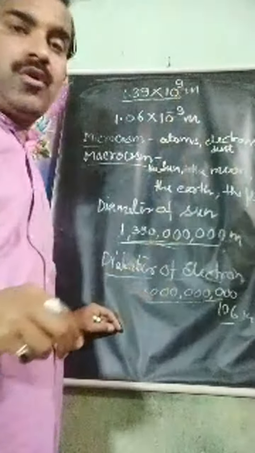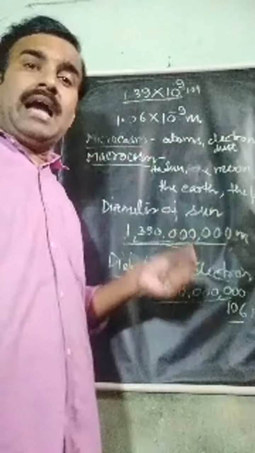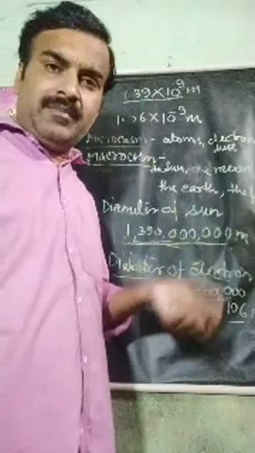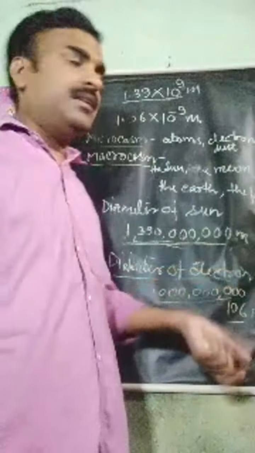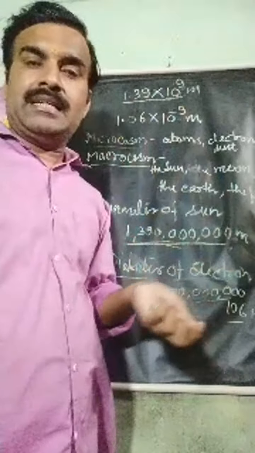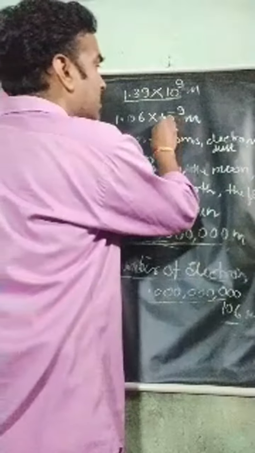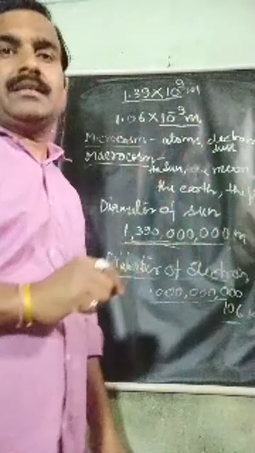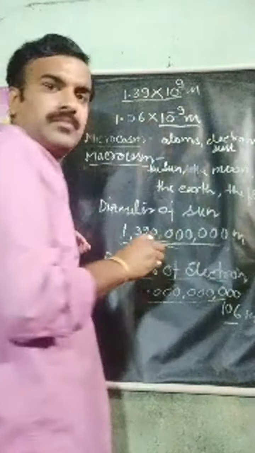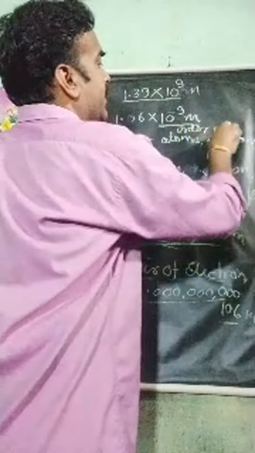Okay, that means on this basis we can write any number. And it will also be quite easier for us to solve any numerical problem if any numerical is given. So by using this concept, by using this exponential form and numeric form, we can easily solve the numerical. Now, the exponential form of whatever number is given is called the order of magnitude.